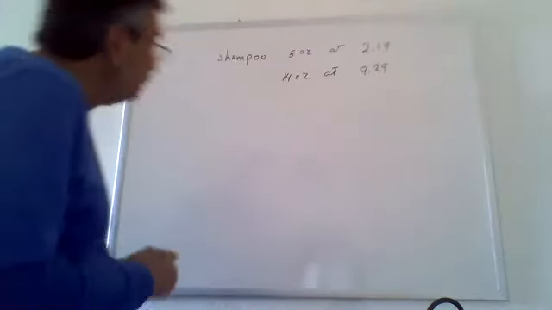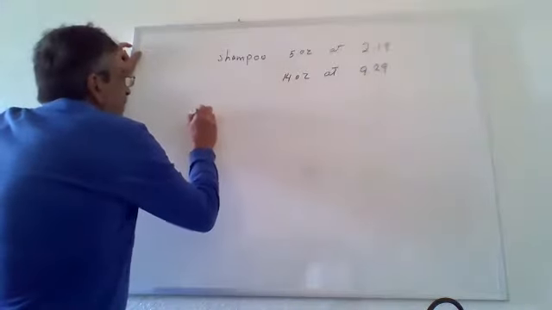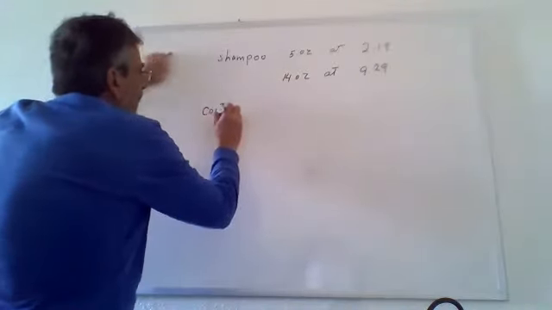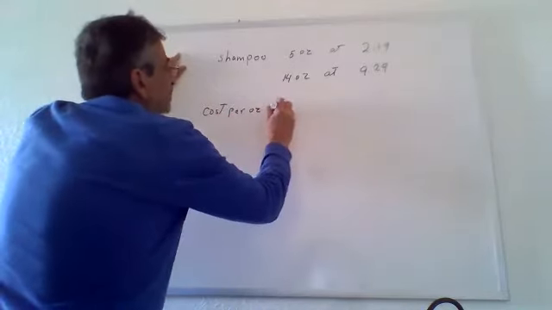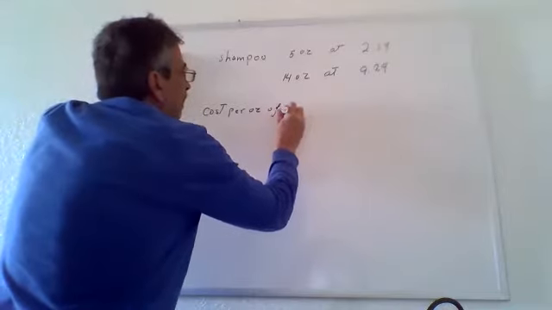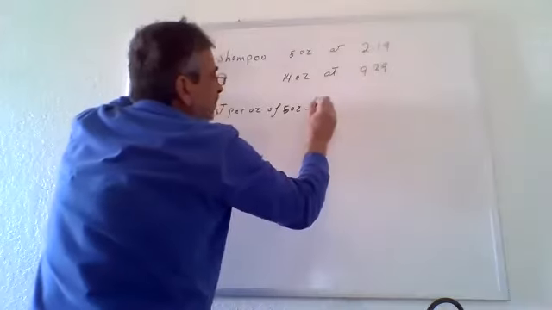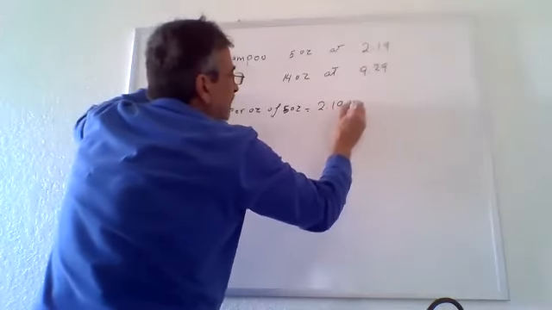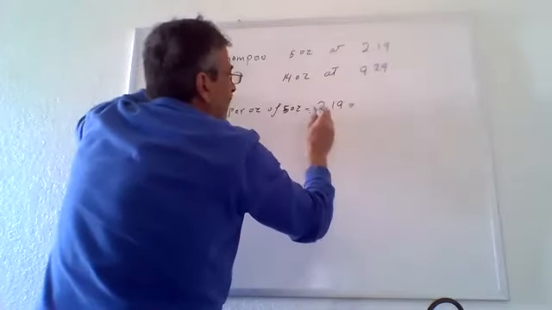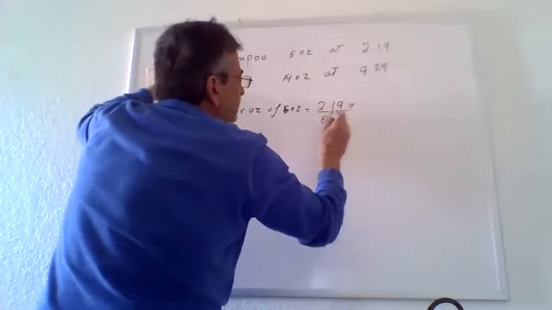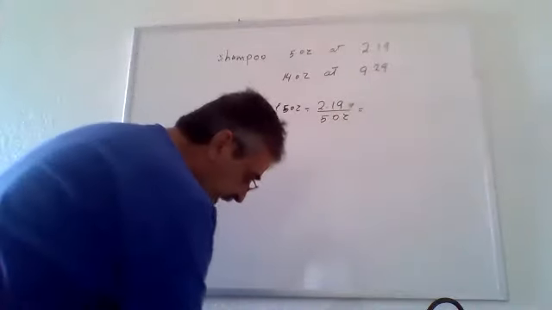Starting with the first one, the cost per ounce of the 5 ounce is the cost, $2.19, divided by the number of ounces.